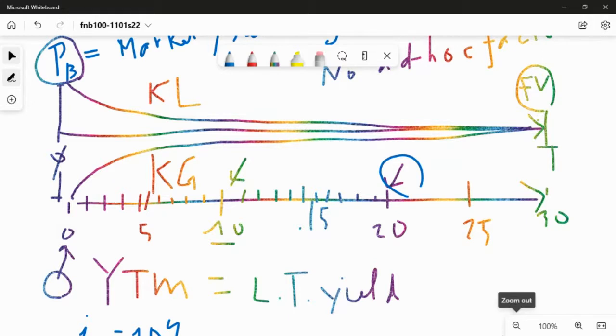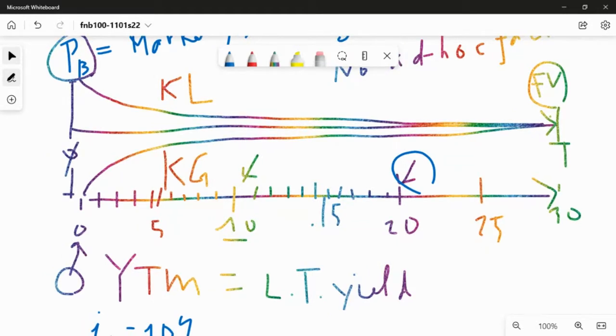But this is assuming that the yield to maturity doesn't change. This is assuming that yield to maturity is constant. But think about it.